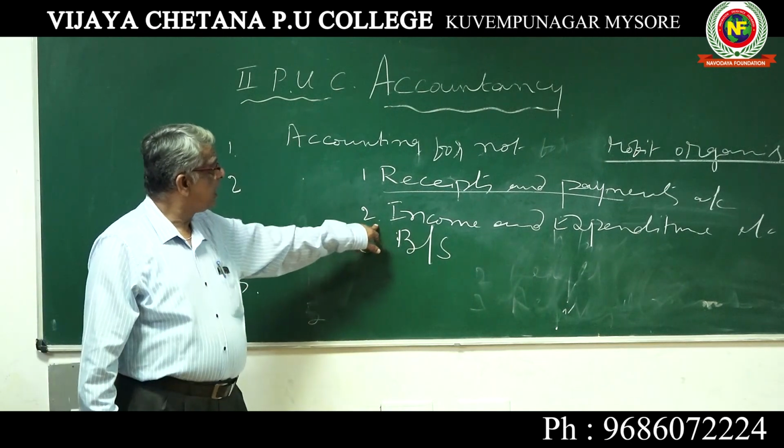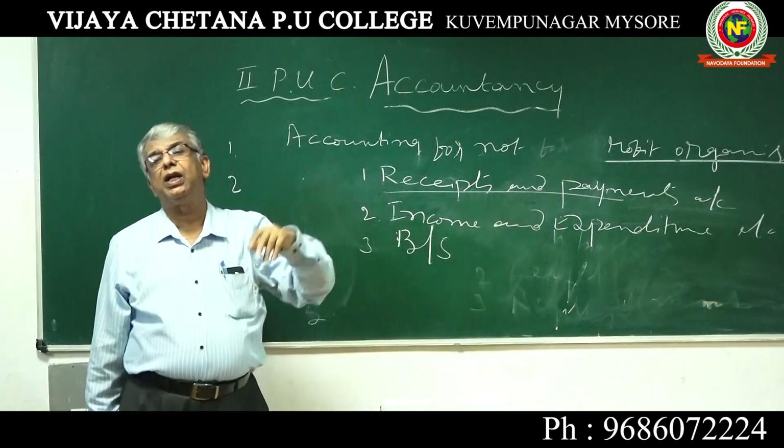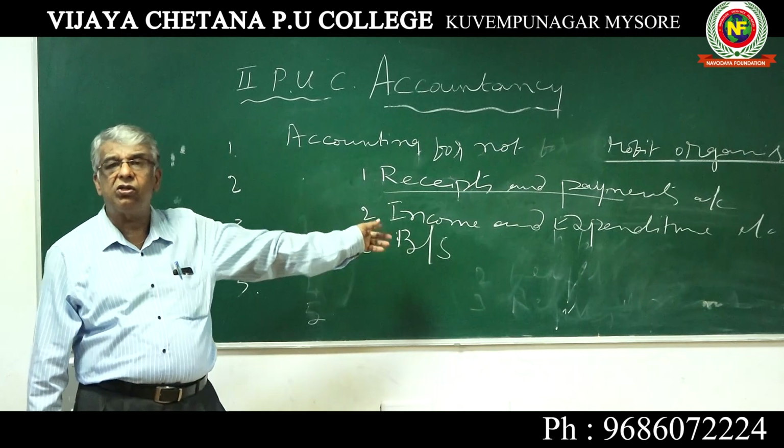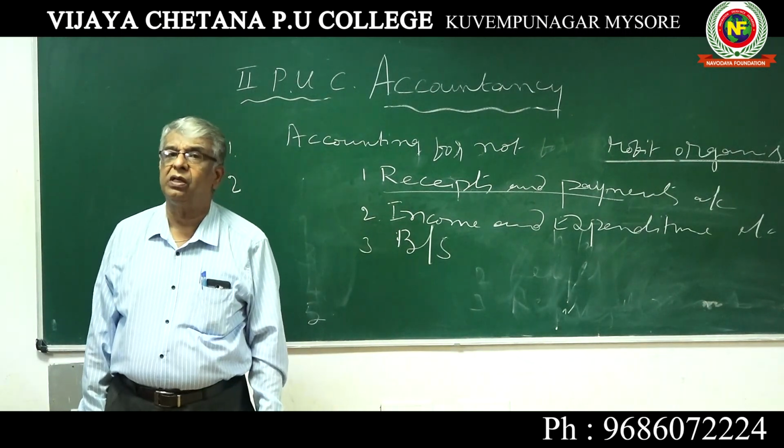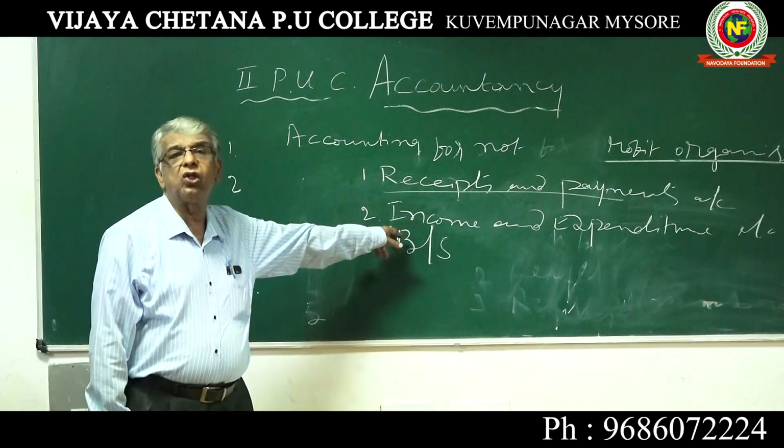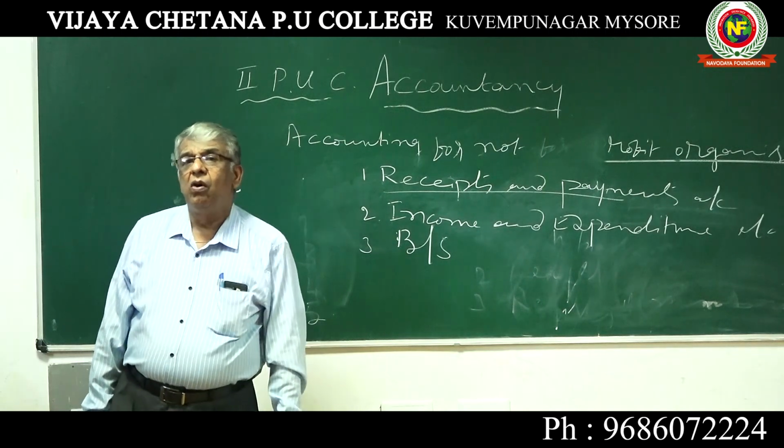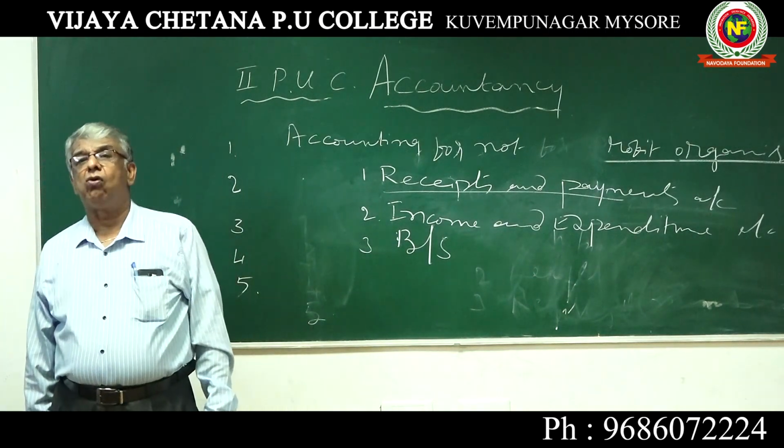Now secondly, the income and expenditure account. This is also a very, very important account. They are going to ask questions on this also. So, what is an income and expenditure account?